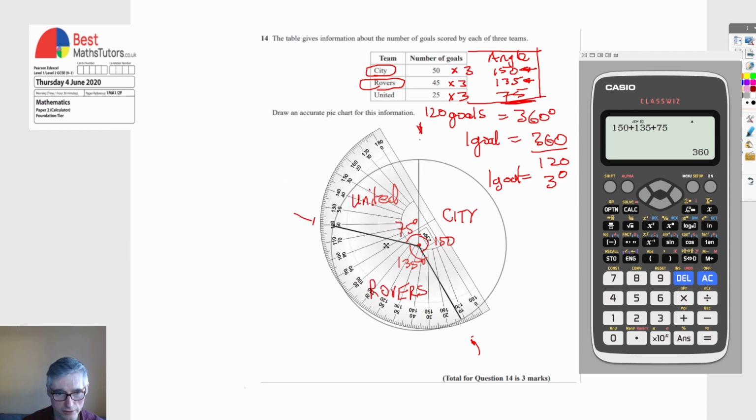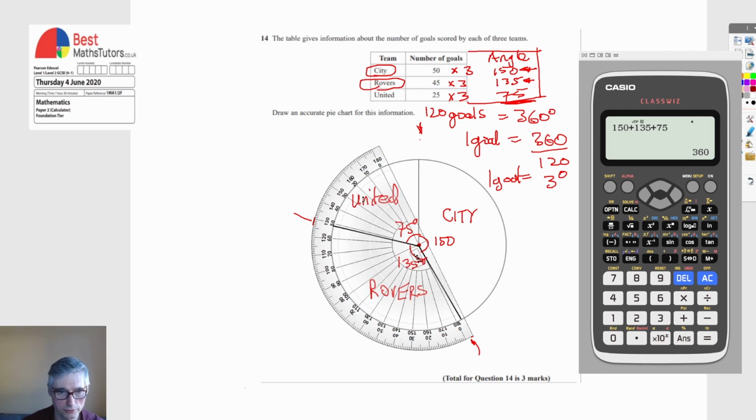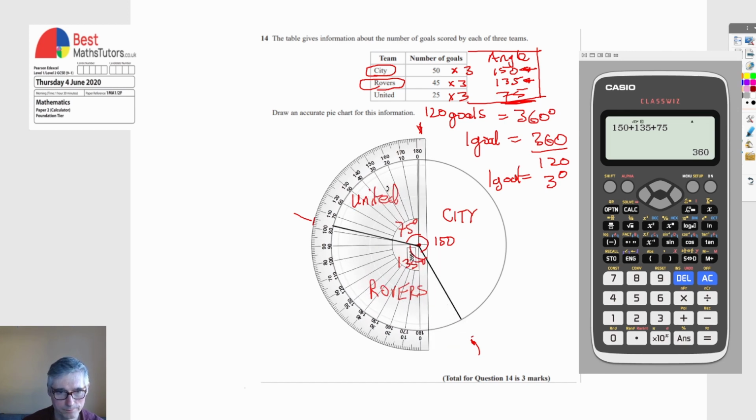What I'm going to do is just check that I've done it correctly by putting the protractor in the center again. There we go. And I'm going to rotate it. Now this time I've got the line at the top, and I can see that the 0 is on the inner scale. So I'm reading the inner scale now, and I can see I've gone a little bit out there. That's about 77 degrees, let's say.